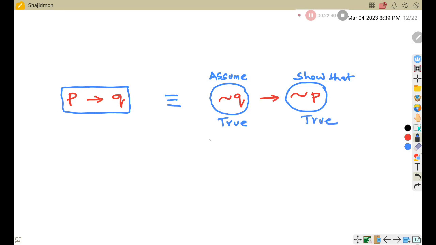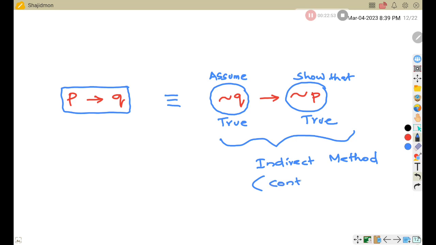This is the method we call the indirect method, or proof by contraposition.